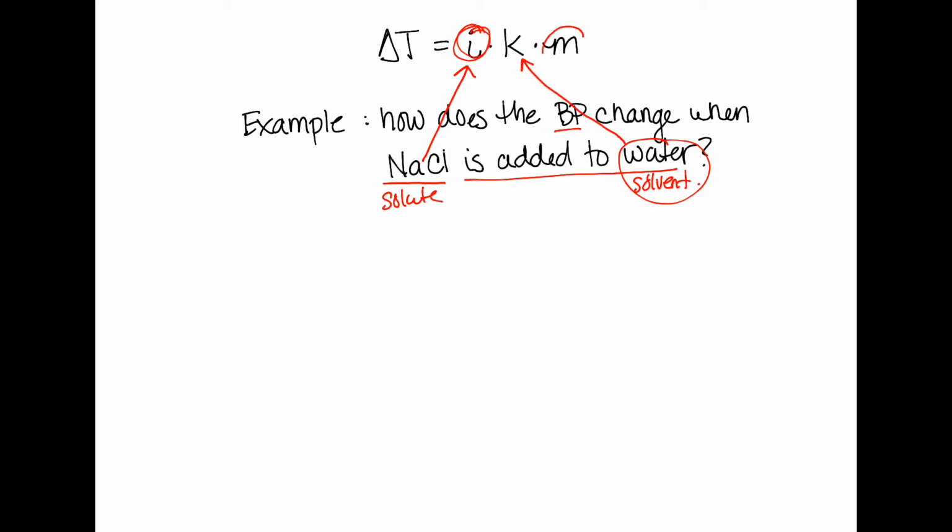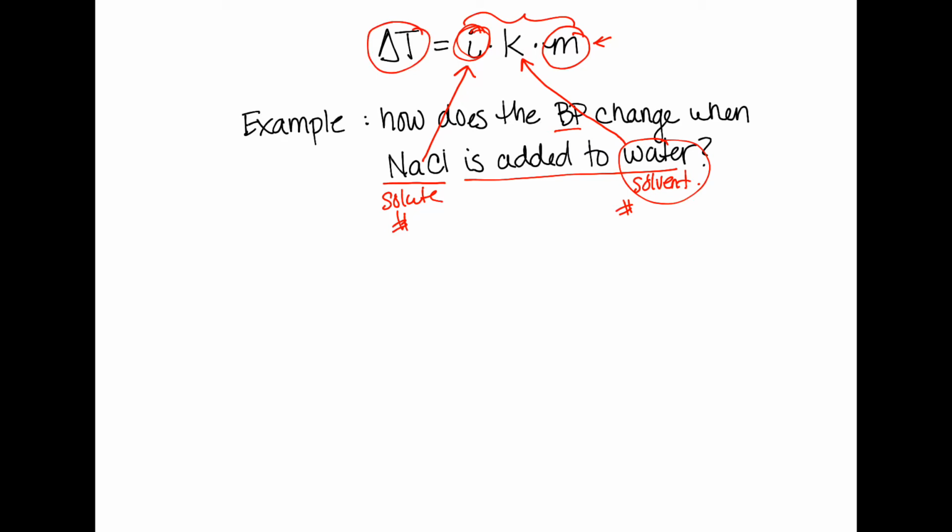And then for the molality, we would need to know the ratio of sodium chloride to water. So we would actually need some numbers, some grams of sodium chloride, some kilograms of water, something like that. And we could calculate the molality. And once we had those things, we could calculate how the boiling point had changed.